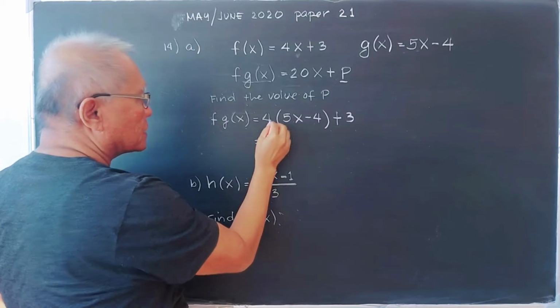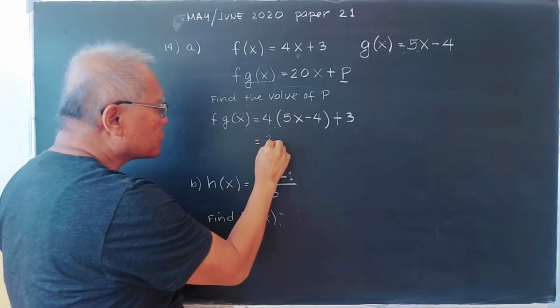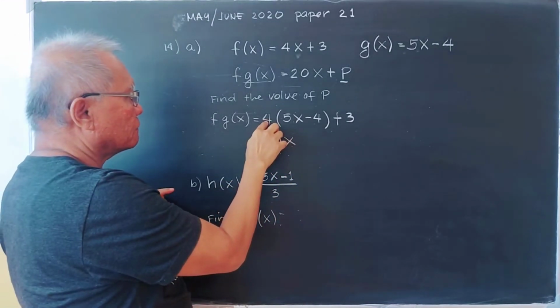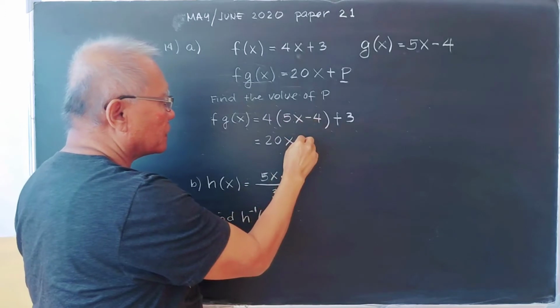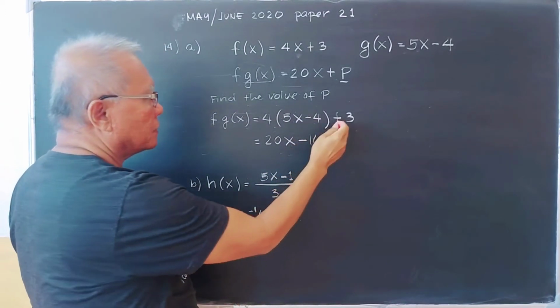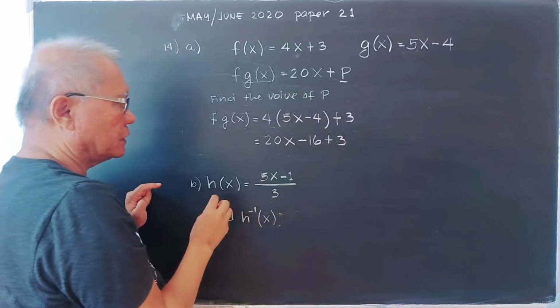Then this one is distributive. 4 times 5x is 20x, and 4 times negative 4 is negative 16. And then we have the 3.